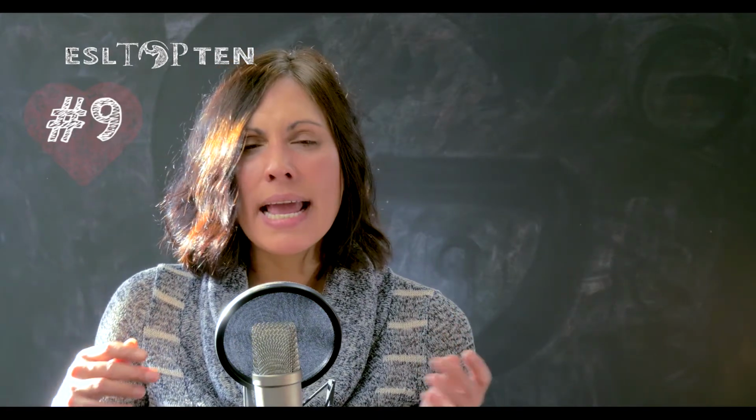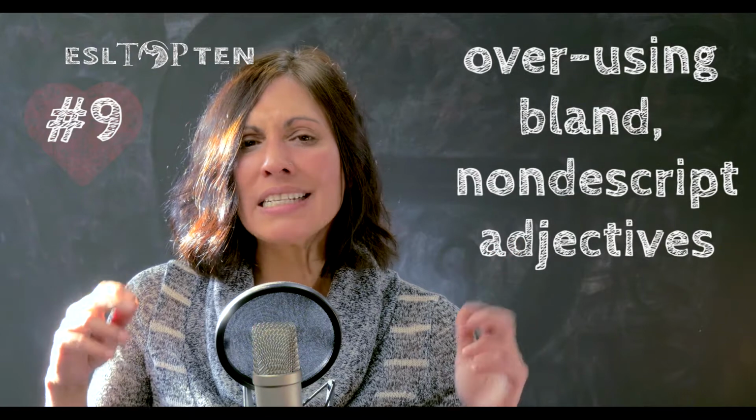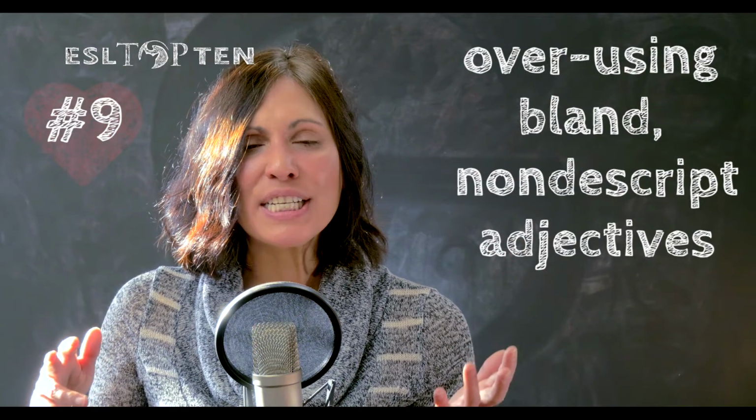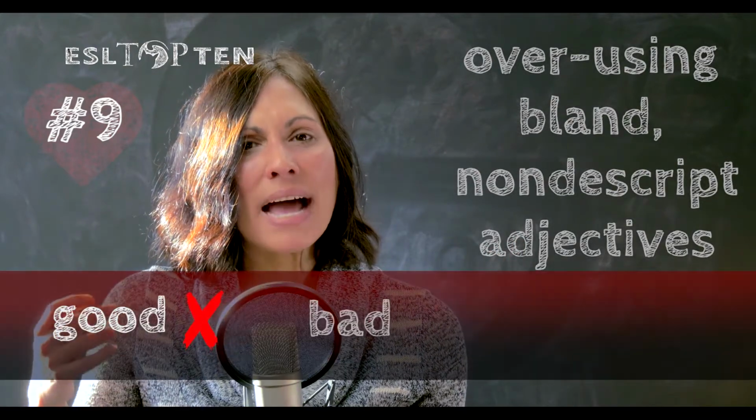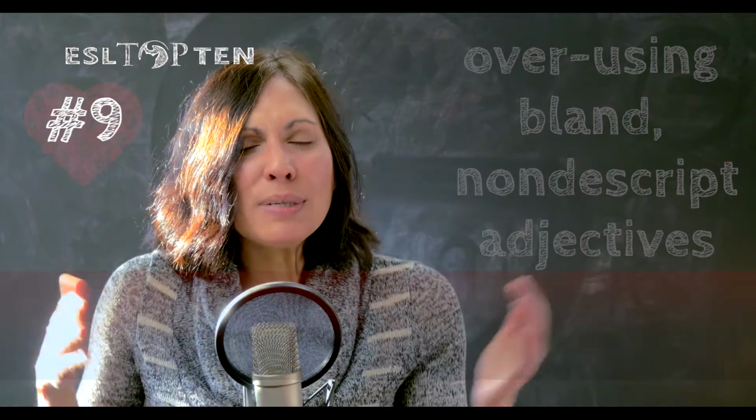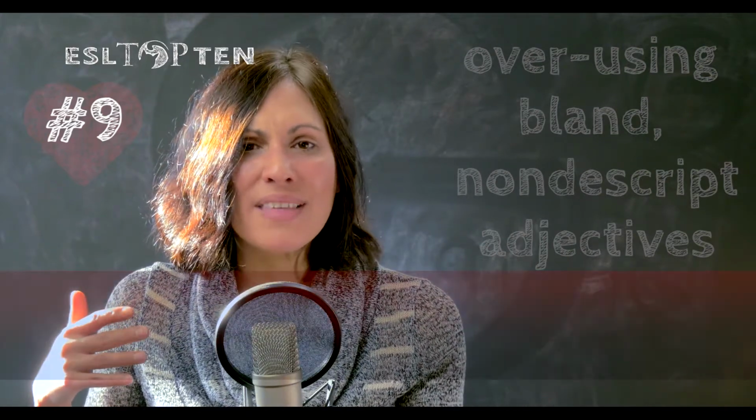Number 9. This isn't a grammar mistake, but it is a mistake, and you can up your fluency by avoiding it. Here it is: overusing bland, nondescript adjectives like good, bad, and nice. Be more specific when you're describing something.